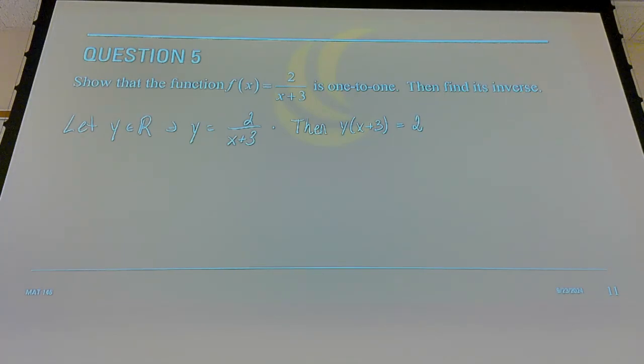Remember what we're trying to solve for. We're solving for x. So multiply by 1 over y. Add negative 3. There's your input.